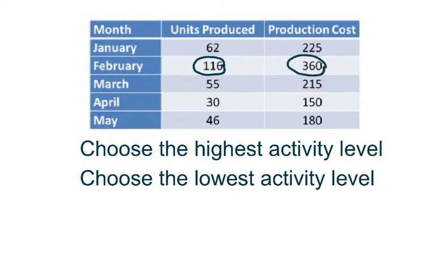So that one is the highest. Now we need to determine the lowest level. The lowest level, if I look at this table, is 30. That was in April, and the production cost for that 30 units was $150, and I will only say there that was the lowest level.